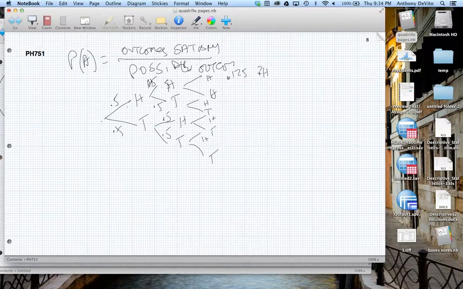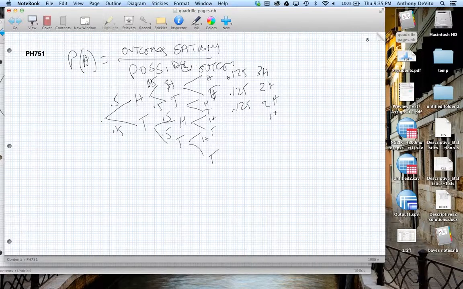That's 3 heads. The next one is going to be heads, heads, tails, that's 2 heads, 0.125. Heads, tails, and then heads, that's 2 heads, 0.125. Heads, tails, and tails, that's 1 head, 0.125.